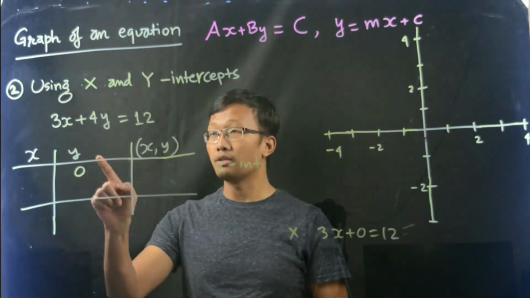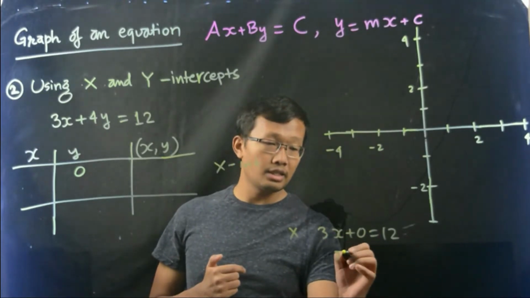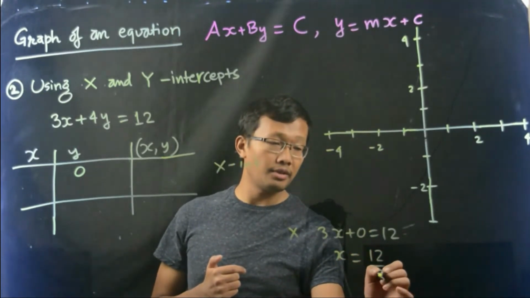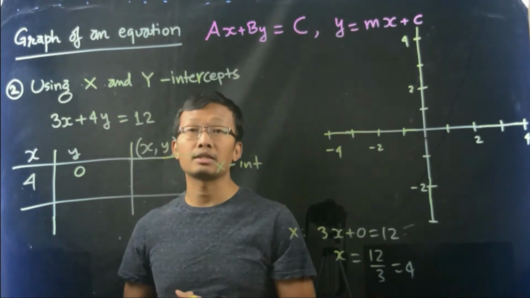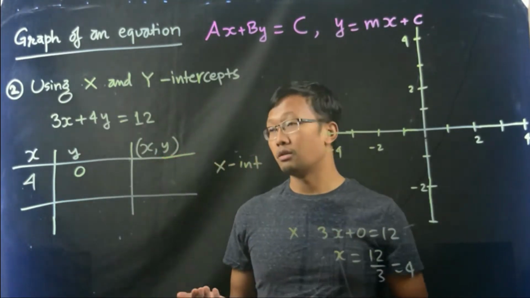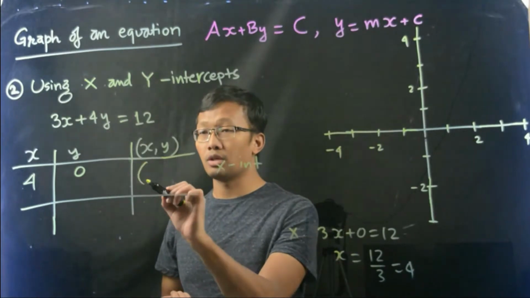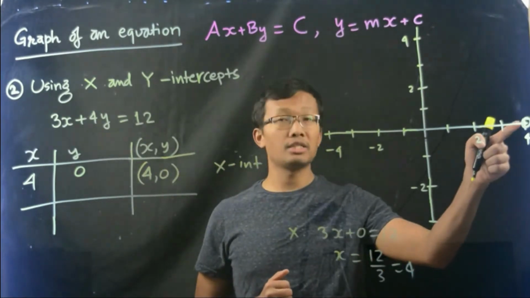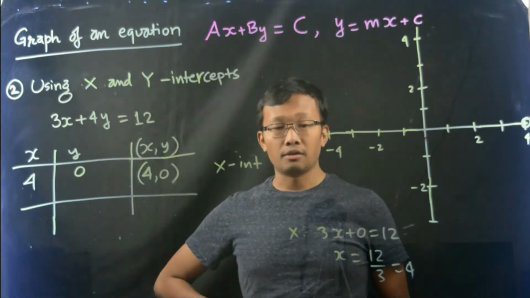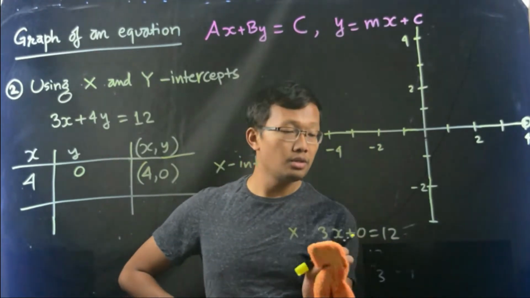Okay, if y equals 0, then x equals 12 divided by 3, which is 4. Thus, 4 is the value of x. Then our first point, or the x-intercept, is the point 4 comma 0. This point is the x-intercept.